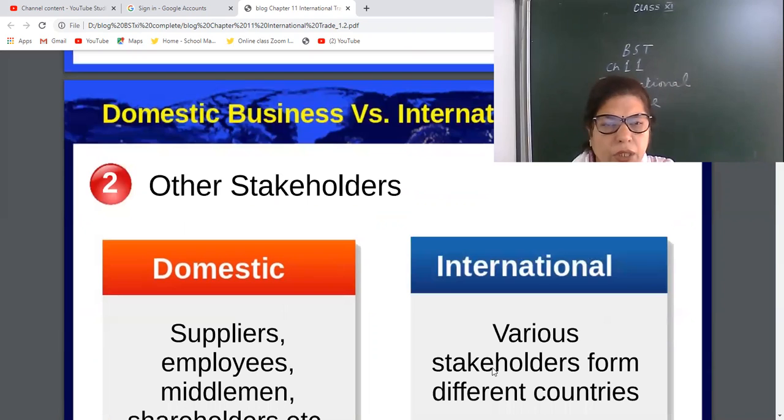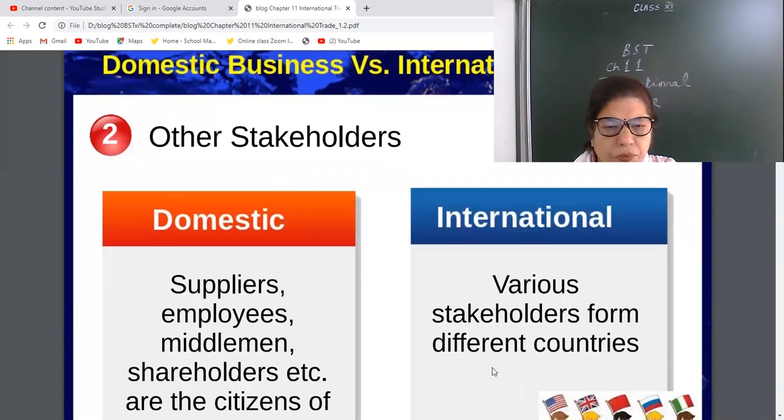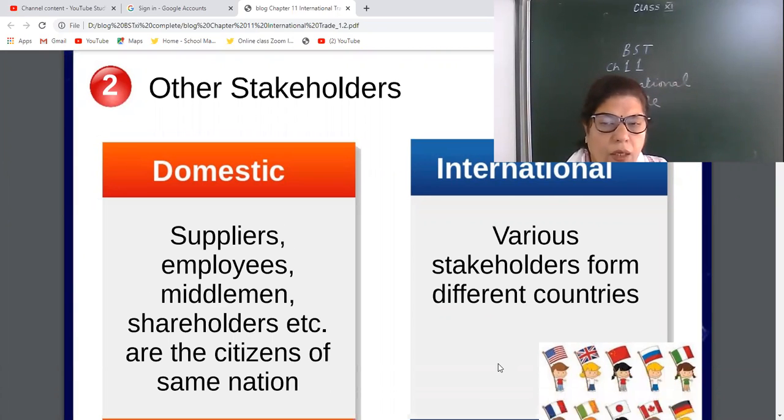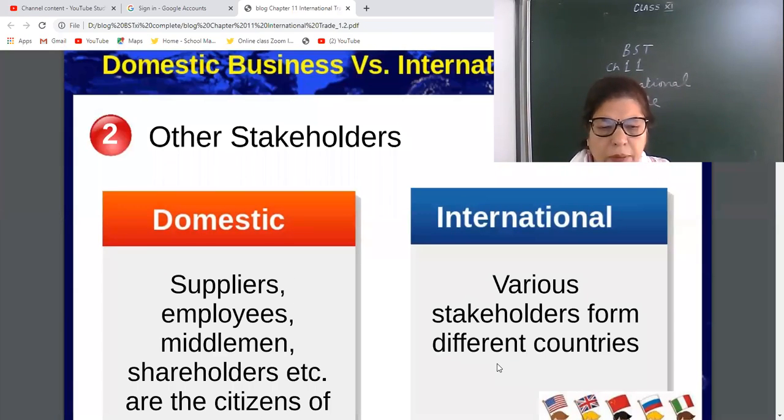Now next, other stakeholders. In domestic business, buyers, suppliers, employees, middlemen, shareholders, brokers, intermediaries, all are citizens of that country only. Same nation.